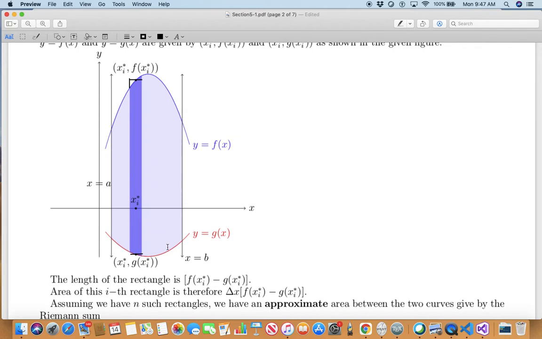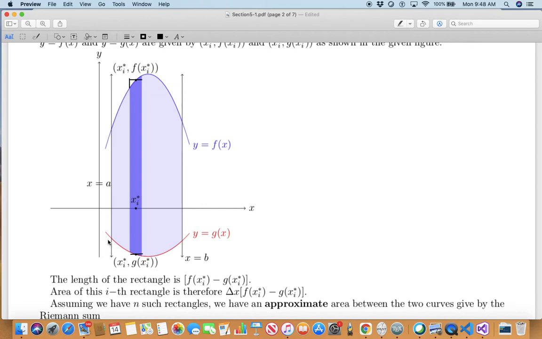The difference between the two is the actual area between the two. Notice, because g is below, this area, if you use integration, you're going to get negative. So the top area minus a negative area is basically the addition of the two areas. So don't let that negative sign bother you.